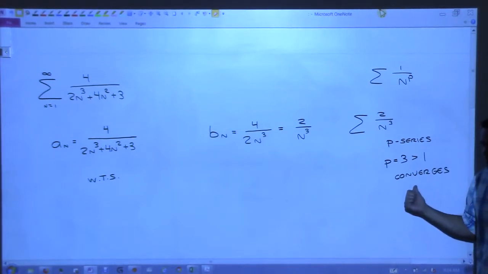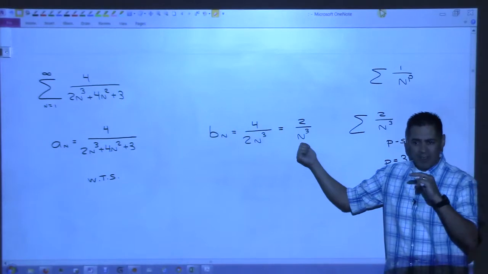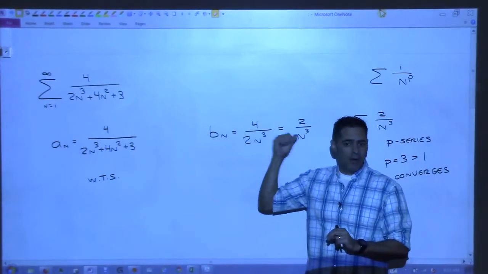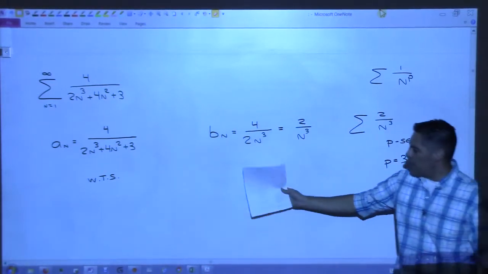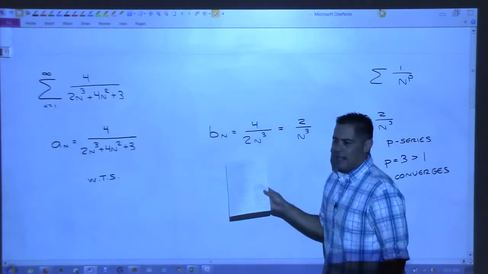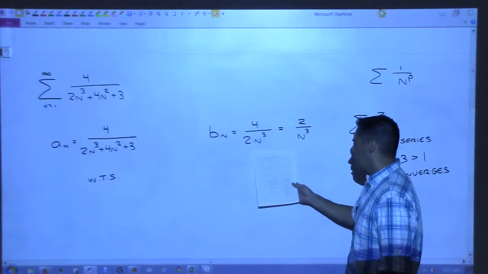Because this one converges. If I can show that these are always a little bit smaller than these, then if these add up to a number, that has to add up to a number. Now on your sheet, under comparison test, do you see it down there under integral test? It says this. We're actually looking at, right in the middle.